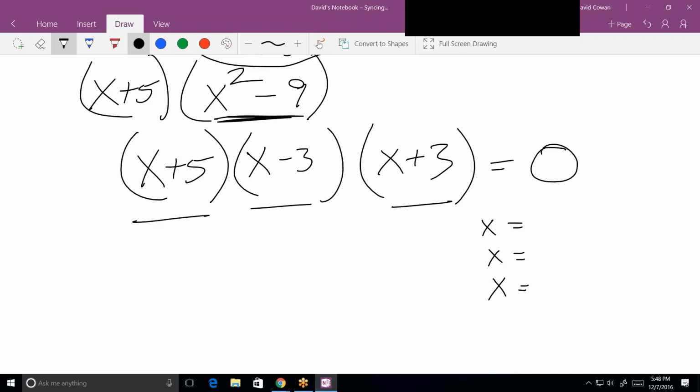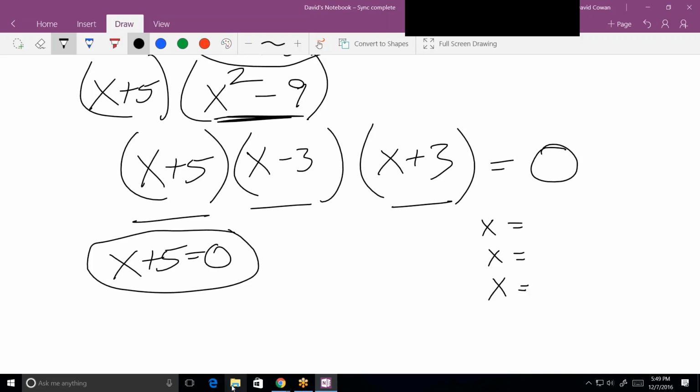So I set x plus 5 equal to 0. Solve that for x. X equals 5. No. X plus 5. Set it up as an algebraic equation, just like that. Okay. And solve for x. Oh, x equals negative 5. Okay. And then do the middle term.